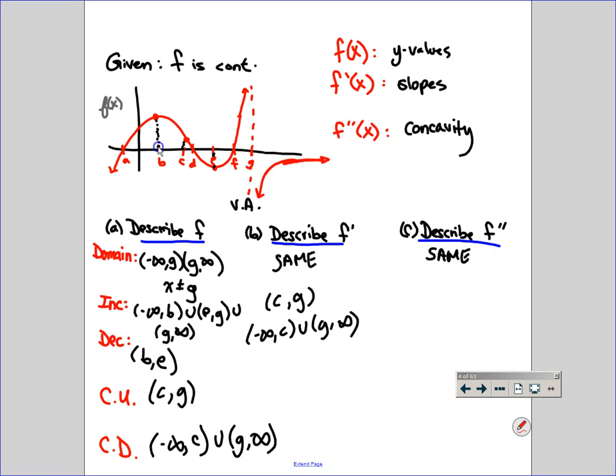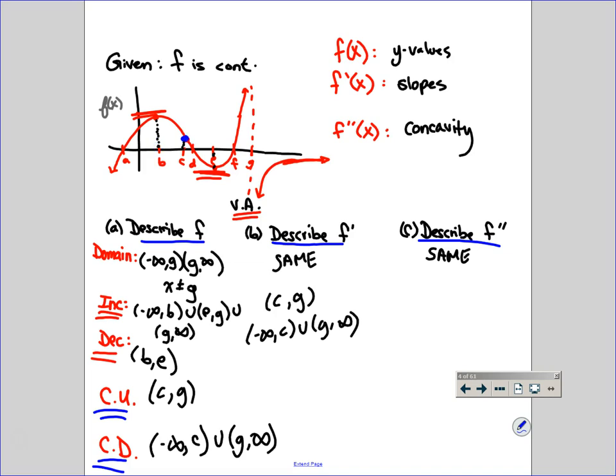Do you guys see what separated the increasing, decreasing versus what separated the concavity? We're separating here at B's and E's and G's. So what was the separation for increasing, decreasing? Horizontal tangents and discontinuities, right? That was separating my increasing and my decreasing. But what was separating my concavity?